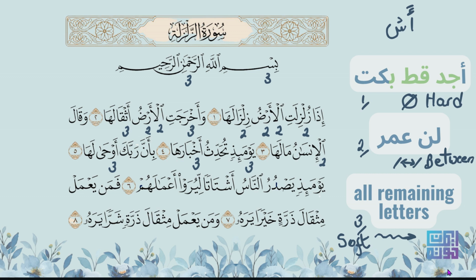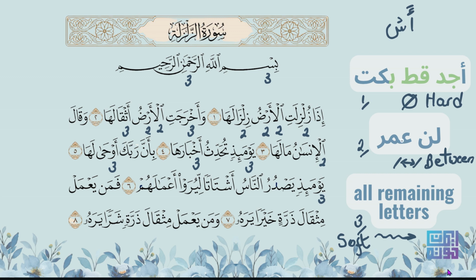Again, we have a waw, yawma'idhin. Same word here. And then we have a sad. Which group does it belong to? You know what the scholars do? The scholars show us the category with few letters.